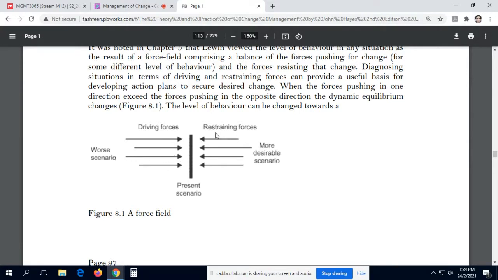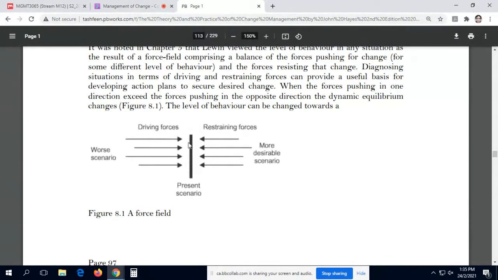And then there is resistance, restraining forces. What are those? People think that they don't want to say something which other people might judge them for, or they might say something which is not correct, and then other people would say, what is that? And then they are shy, and all of those are resistance.